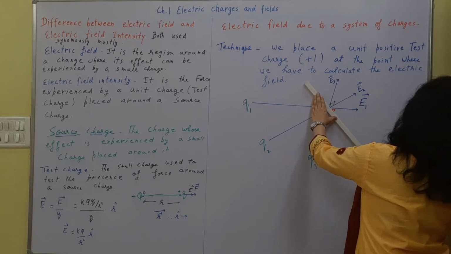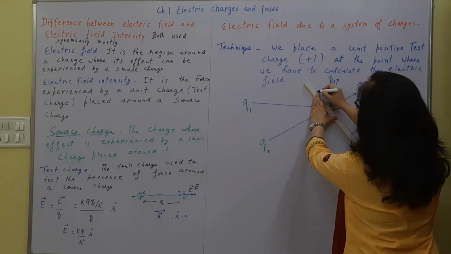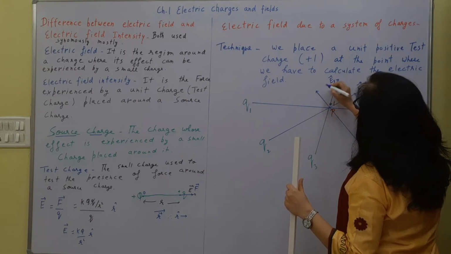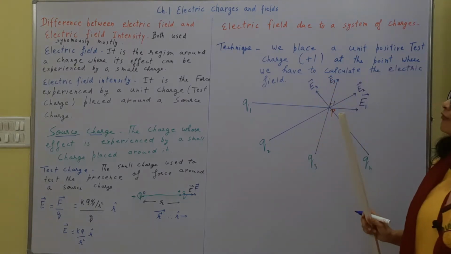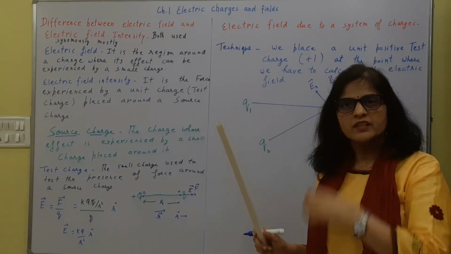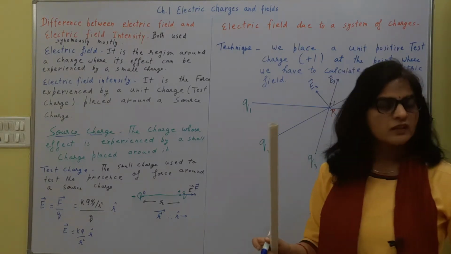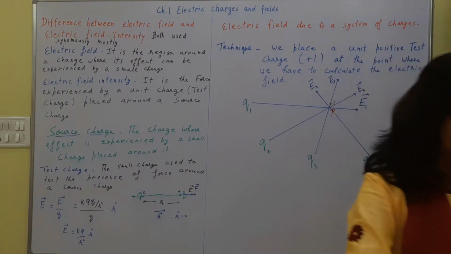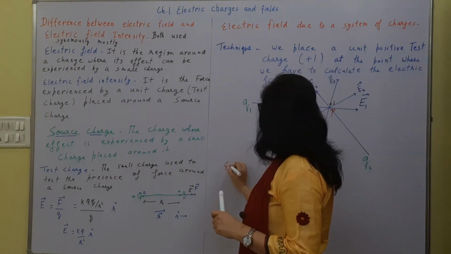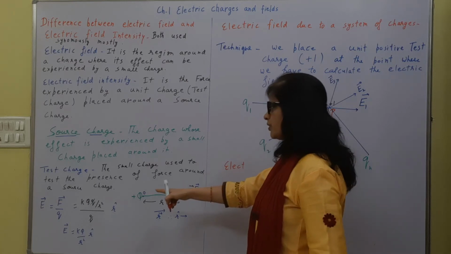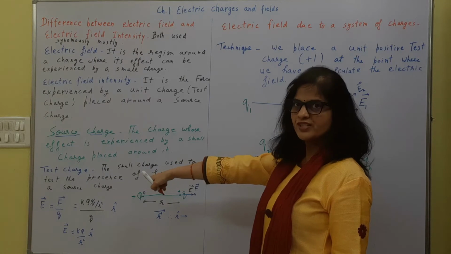So this will also be repulsive, and we can find the vector sum of all these electric fields to find the net electric field at point P. Why so? Because electric field is a vector quantity. Because we know that electric field is equal to force vector upon charge q, and force is a vector quantity.